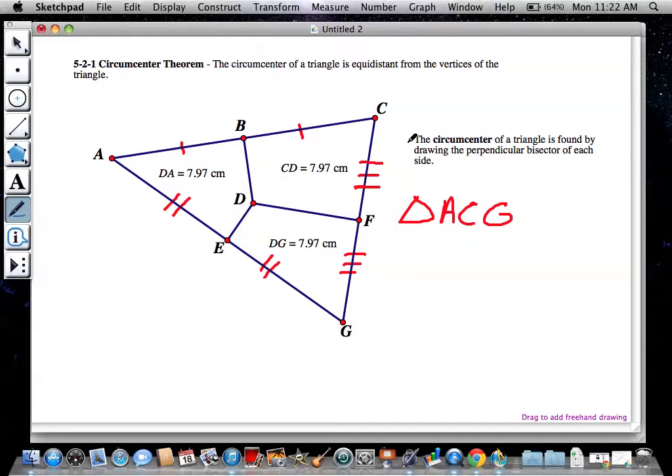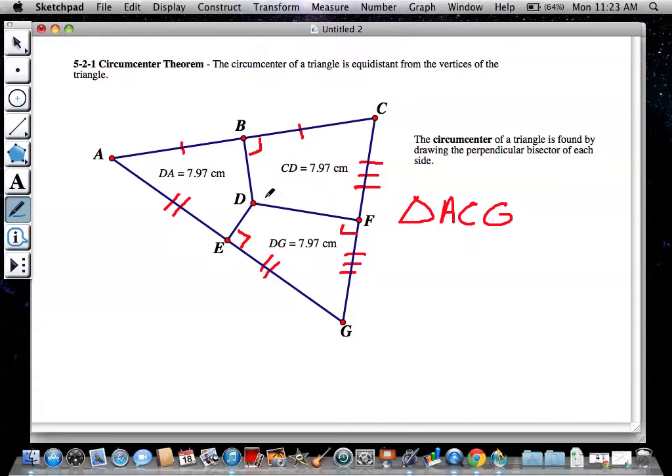Perpendicular, perpendicular, and perpendicular. So BD is a perpendicular bisector of AC, DE is a perpendicular bisector of AG, and DF is a perpendicular bisector of CG.